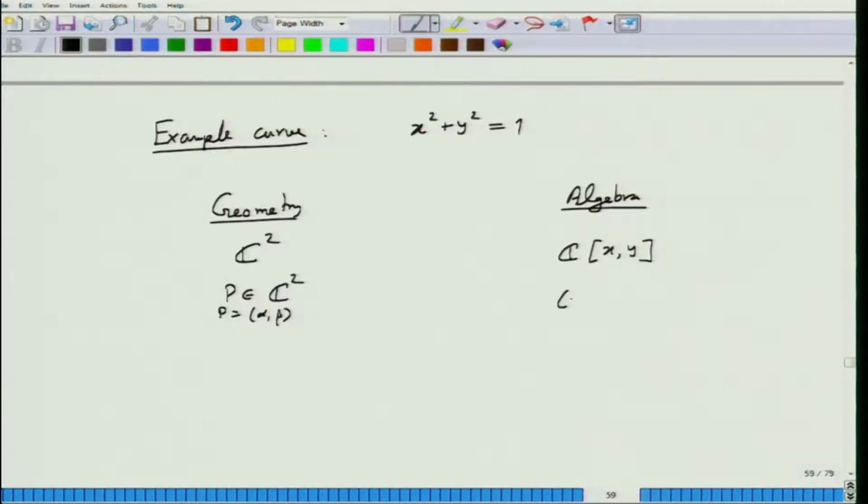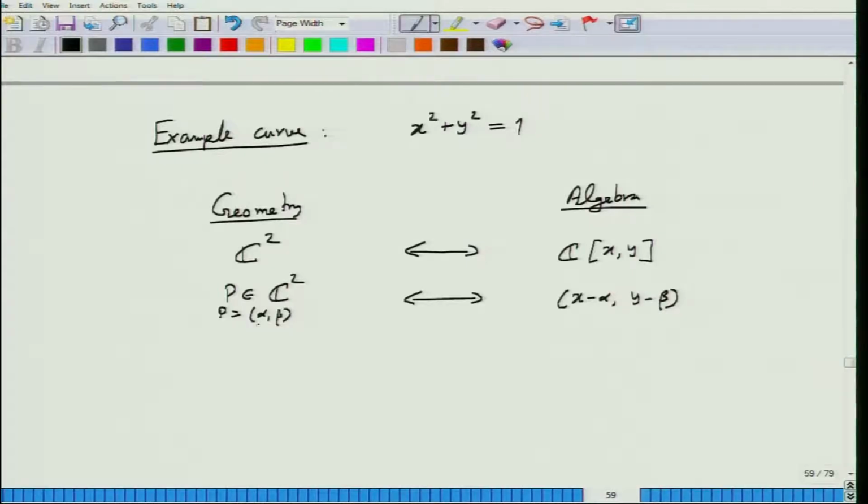Now just look at this principal ideal, x minus alpha, y minus beta. And I say that these correspond to each other, and this is not a very easy fact.